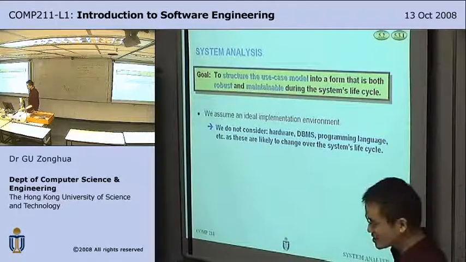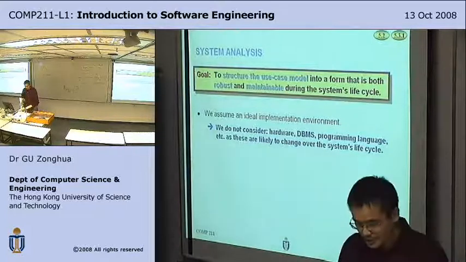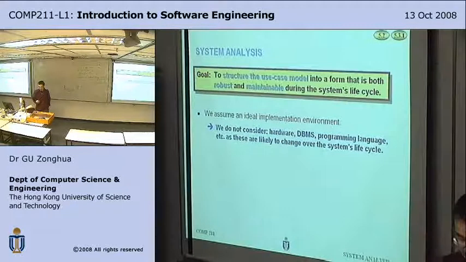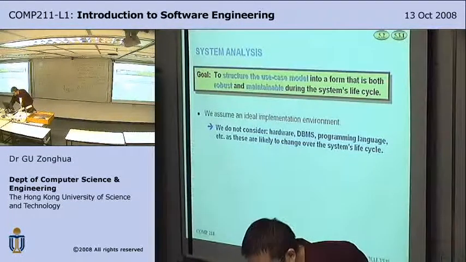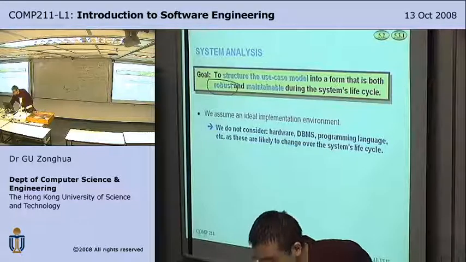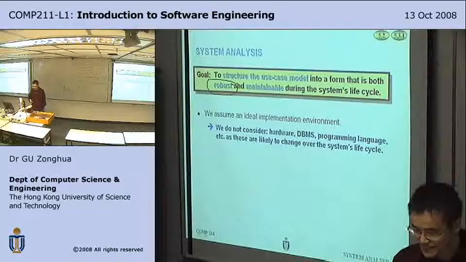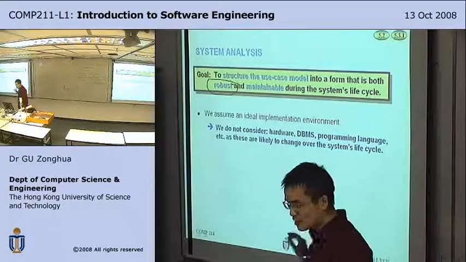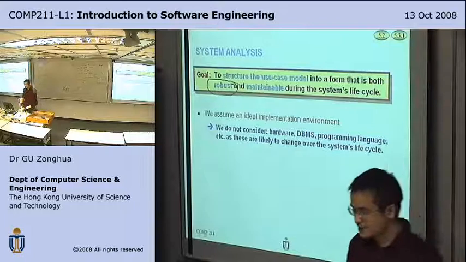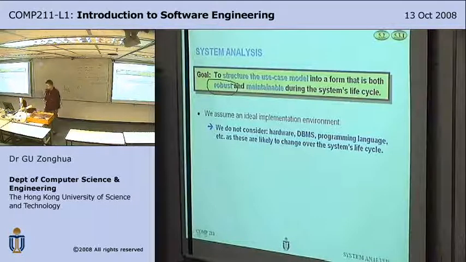Do not consider hardware, database management system, and programming languages, as they're likely to change over the system's life cycle. So the word robust means that as you are developing the system, you may have changes in all these hardware, languages, etc., but they should not affect your analysis model.